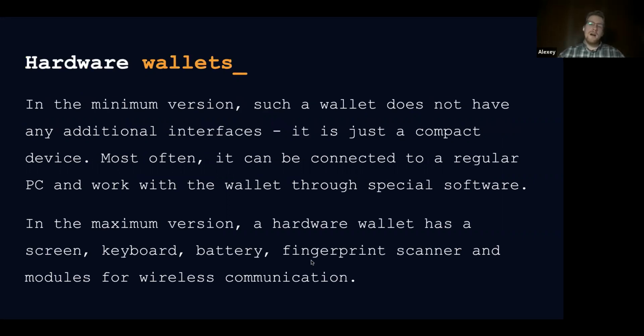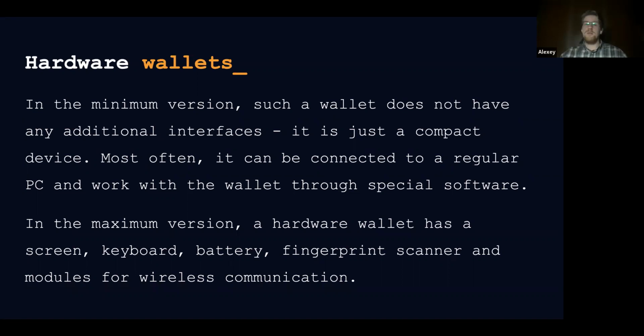Hardware wallets are, as is clear from the name, certain devices, but they usually have no additional interfaces. It is some compact device which is connected to a computer or to a laptop, and it works with special software. This is the simplest.